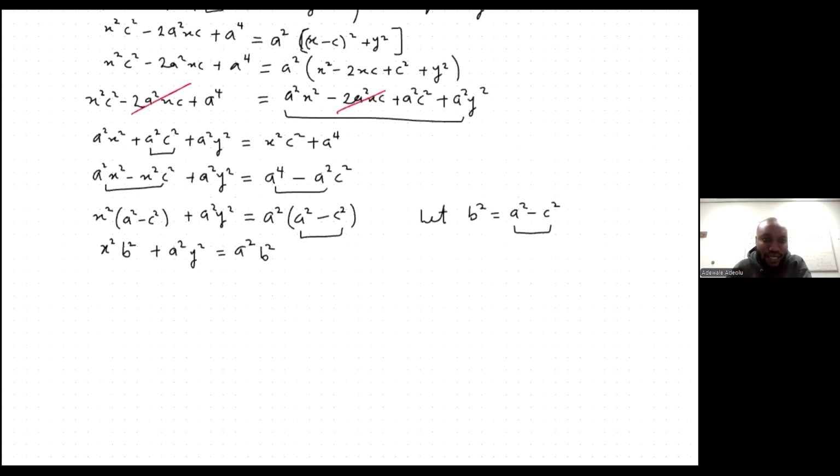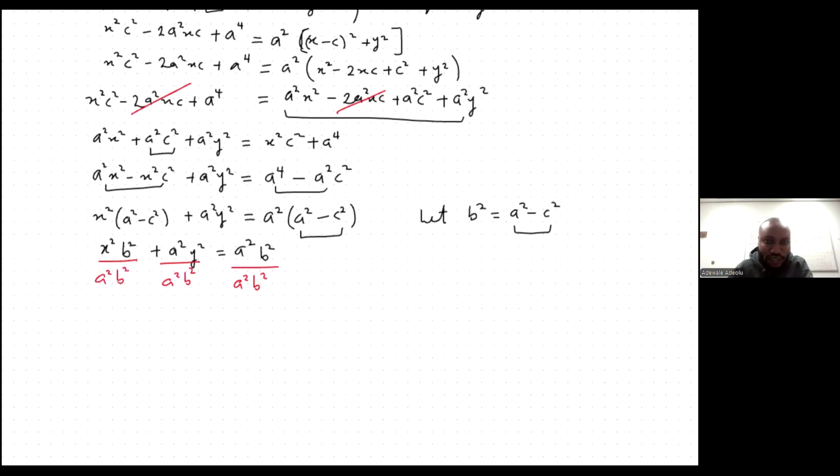Now, I can divide through by this term. So I can just divide through by a squared b squared.